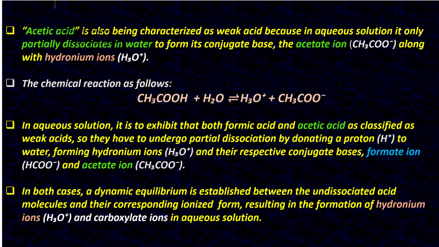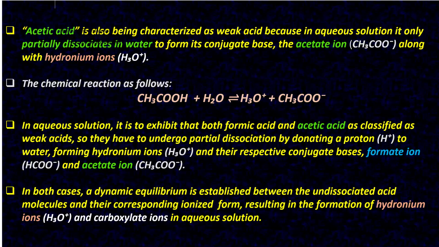In both cases, a dynamic equilibrium is established between the undissociated acid molecules and their corresponding ionized form, resulting in the formation of hydronium ions, that is H3O plus, and carboxylate ions in aqueous solution.